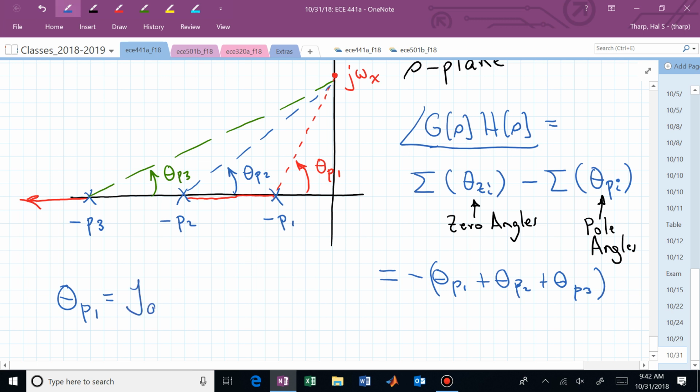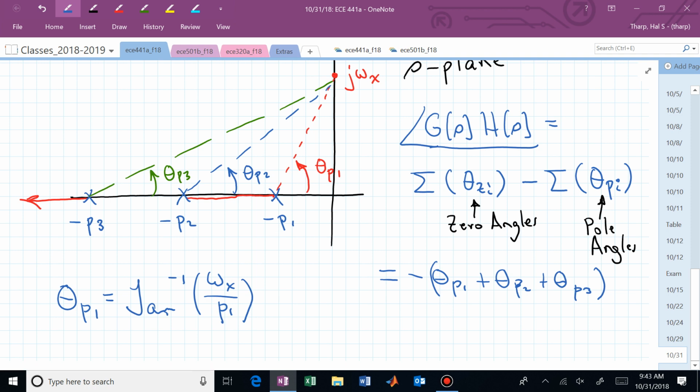So this is the inverse tangent of omega sub x over P1. We comfortable with where that came from? That will give you an angle. The way I've drawn it, that might be 65 degrees or 70 degrees, something like that.